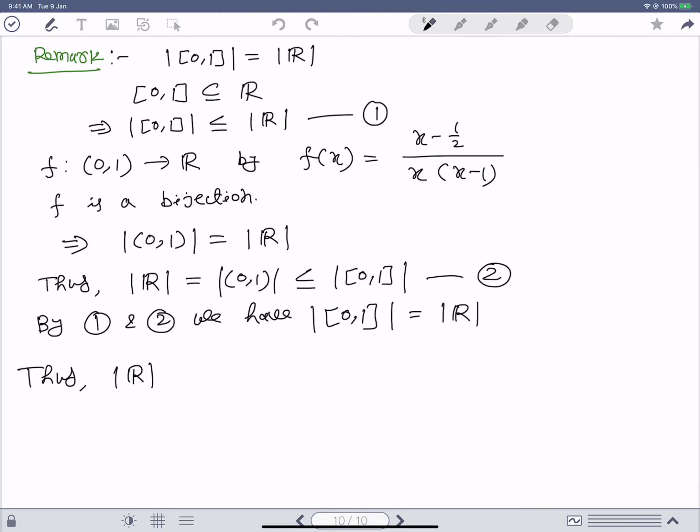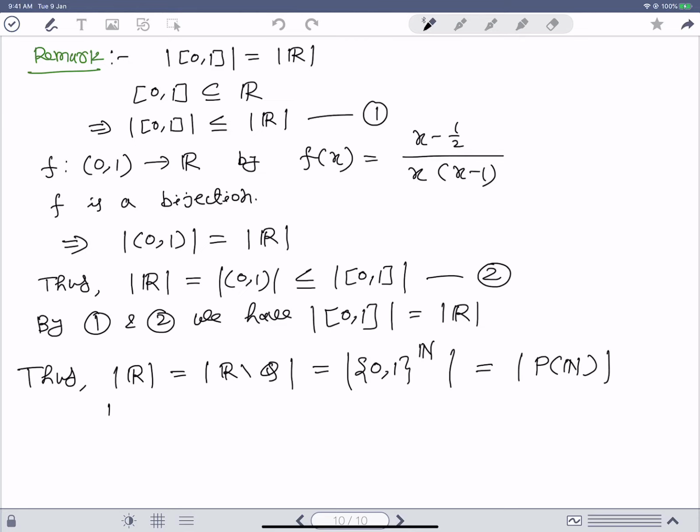the cardinality of R is the same as the cardinality of the irrational numbers, R minus Q, right? And it is the same as the cardinality of this set, and it is the same as the cardinality of P of N, right?